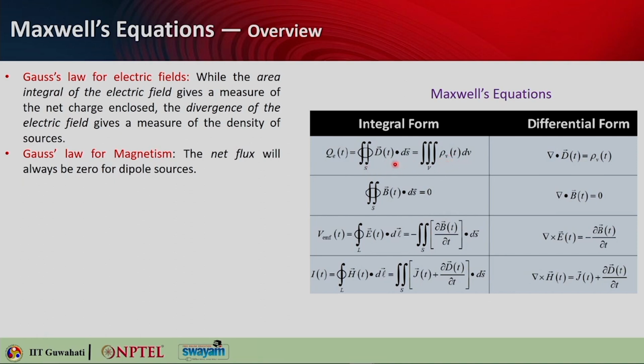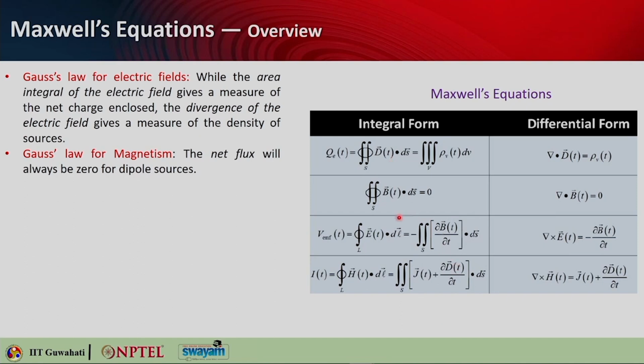This is a volume integral, this is a surface integral. How do you change from surface integral to volume integral? You can take the help of the theorems that you have studied. We'll come into that, but let me quickly give you an overview of Maxwell's equations.